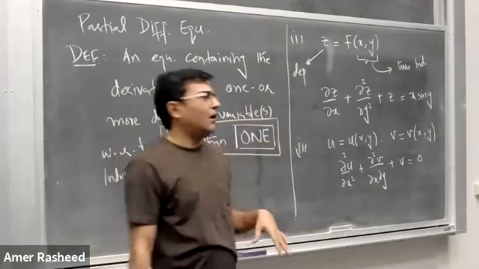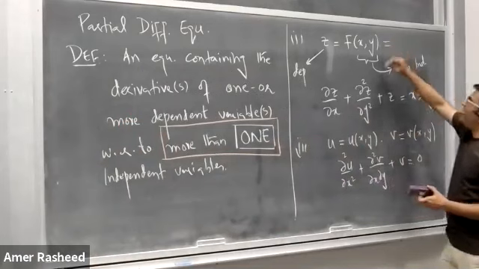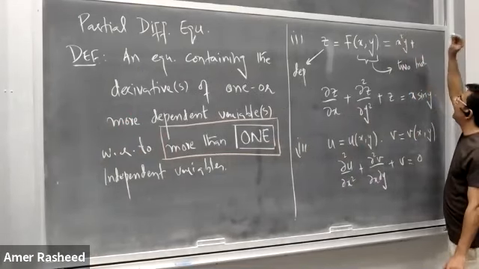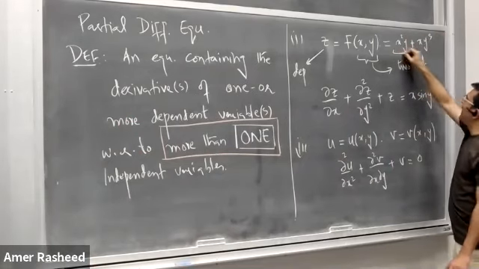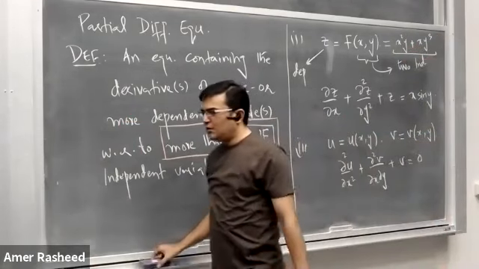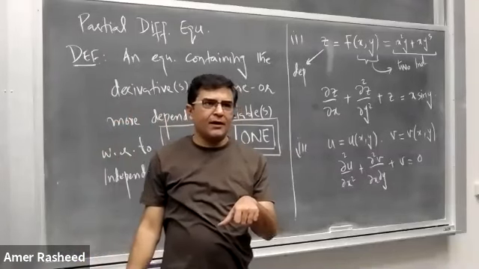For example, let me tell you, maybe f of x, y is some function x square y plus maybe x y cube. In that case, we cannot take the derivative with respect to two variables, x and y. We have to take the derivative with respect to one variable, either x or y.